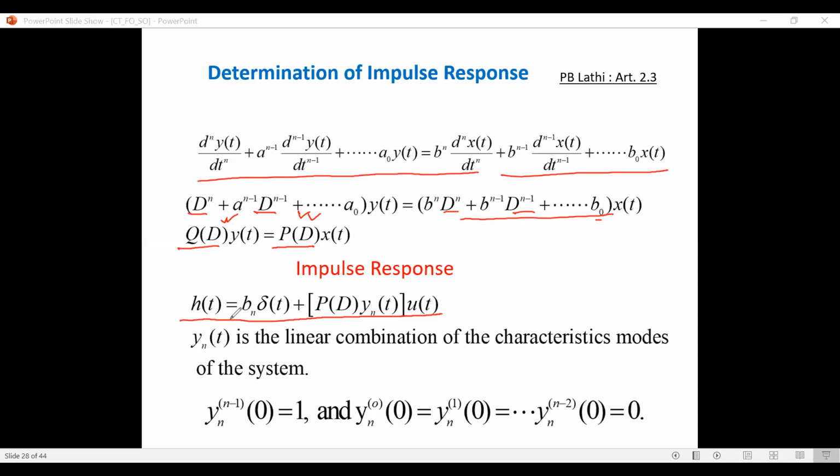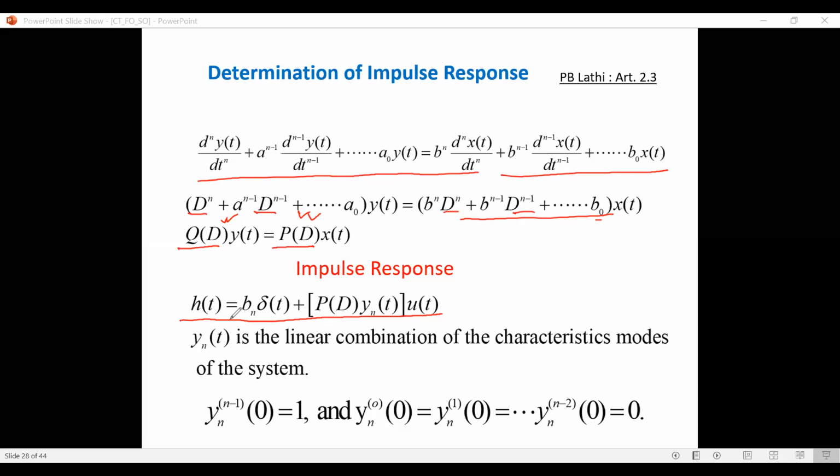That Bn delta(t) will only exist when Bn is non-zero. That means if the order of your input polynomial and the order of your output polynomial are the same, that will give you a term equal to delta in the impulse response.